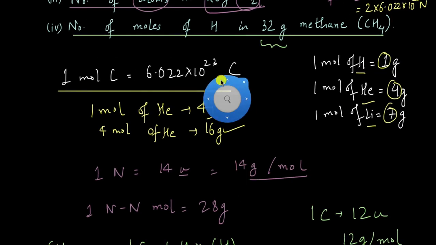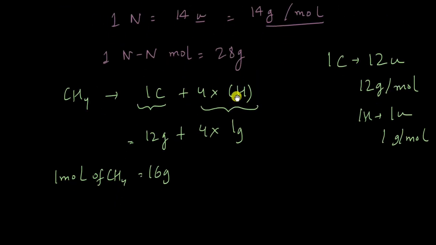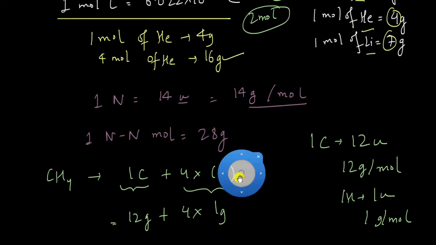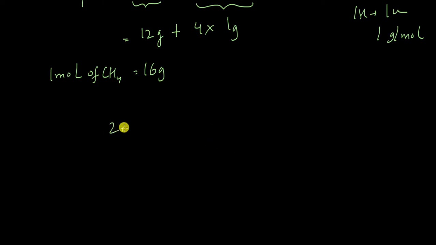Alright, we are given here 32 grams of CH4. This means this is double of this. So we have 2 moles of methane here. And each molecule of this CH4 will have 4 hydrogens attached to it.